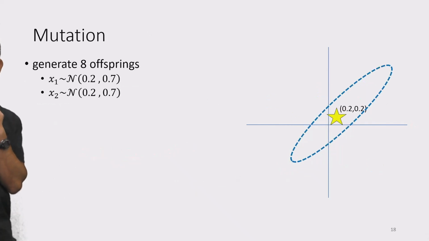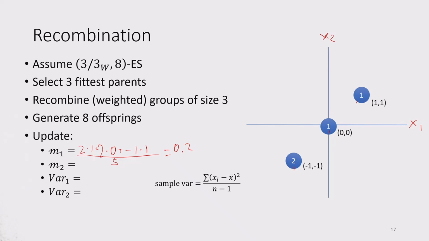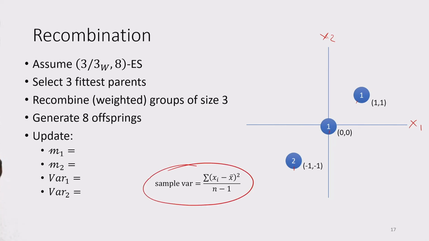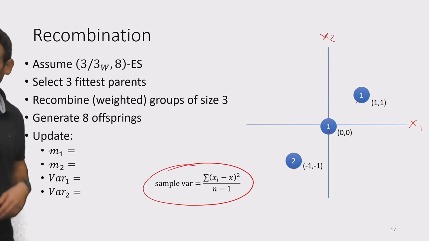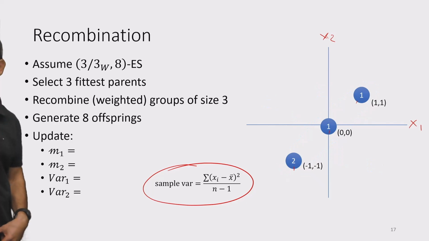And we can easily compute the variance. This is a sample-based variance, and the equation for a sample-based variance is provided here. We compute all of these values for the 3 fittest individuals.